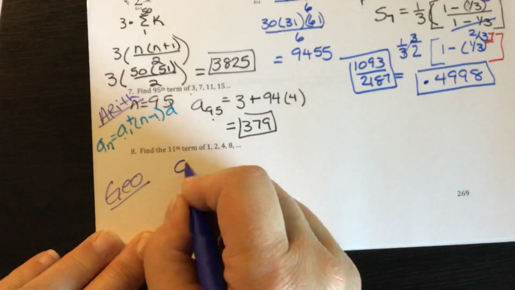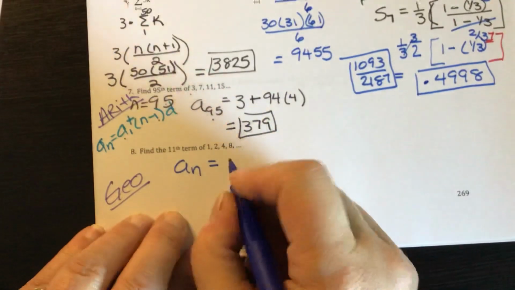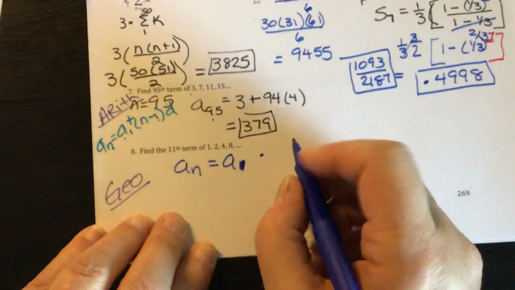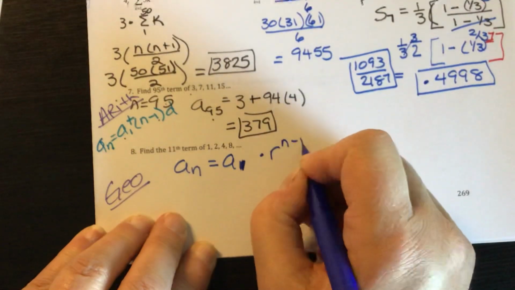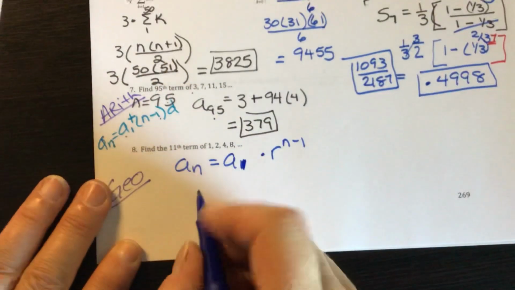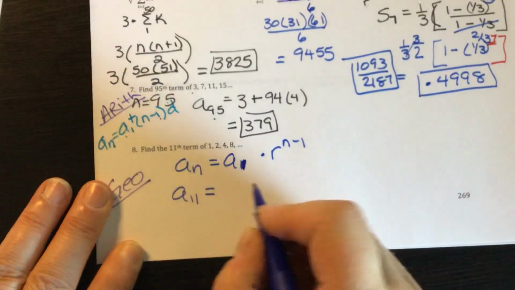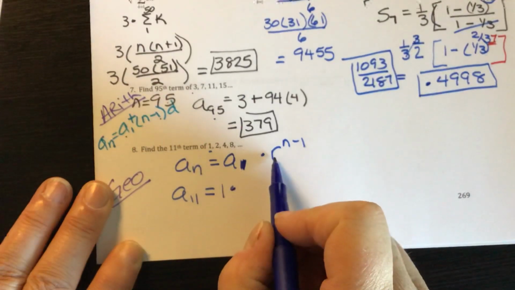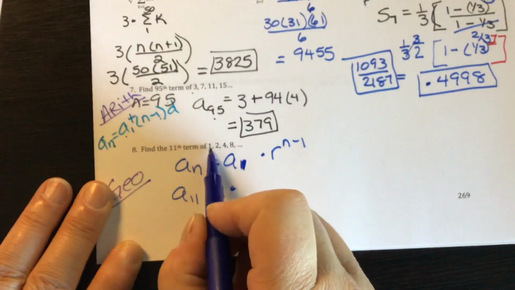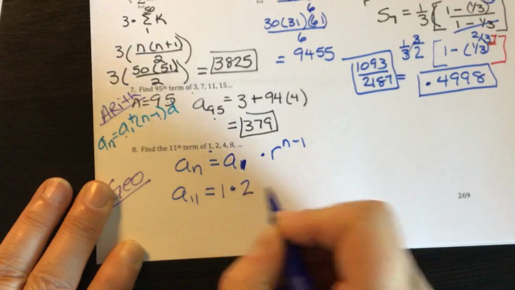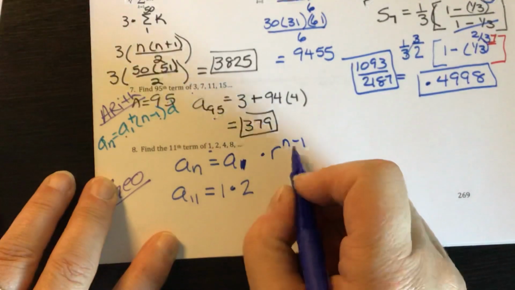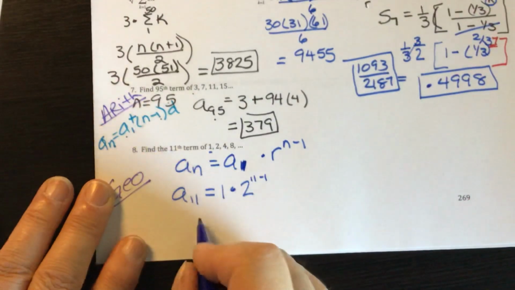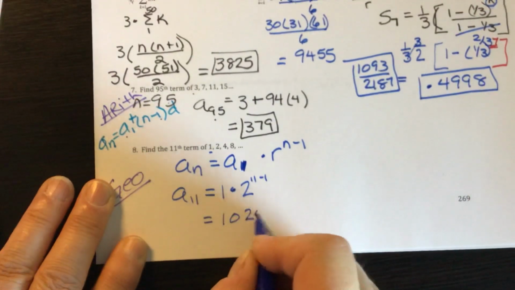So a sub n equals a sub 1, first term, times r to the n minus 1 power. So a sub 11 equals my first term, which is 1, times my common ratio, which is 2, to the n, which is 11, minus 1 power. So 2 to the 10th power is 1024.